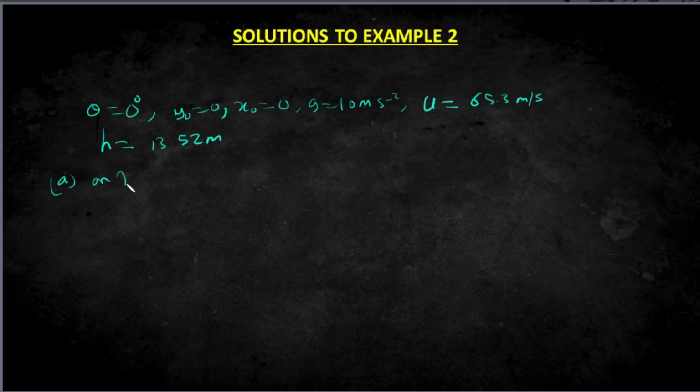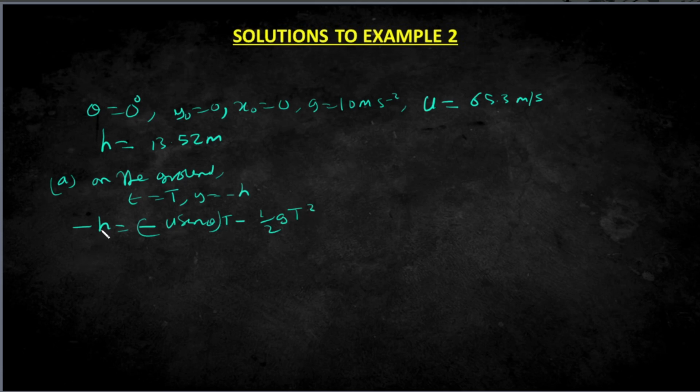So we now see that on the ground, what happens? T becomes T and y becomes minus h. So there's a formula I gave you, which is minus h equals minus u sine theta all multiplied by capital T, minus half g t square.